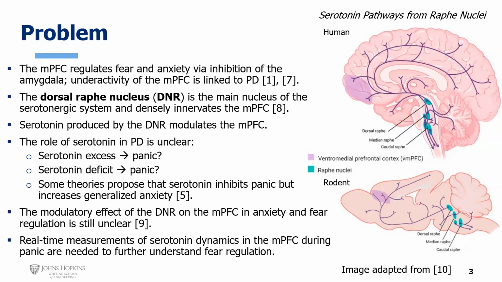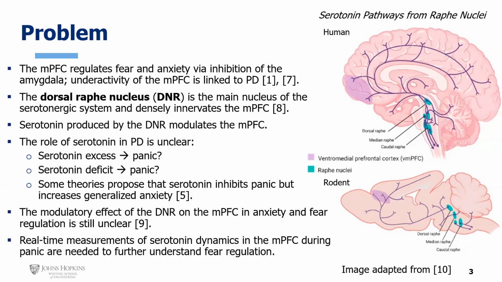You can see the various raphe nuclei in the aqua blue color, and then they have projections that run out through the brain. That shaded purple region represents the ventromedial prefrontal cortex in humans. And at the bottom, you can see the medial prefrontal cortex in a rodent, which is the homolog that we discussed earlier.